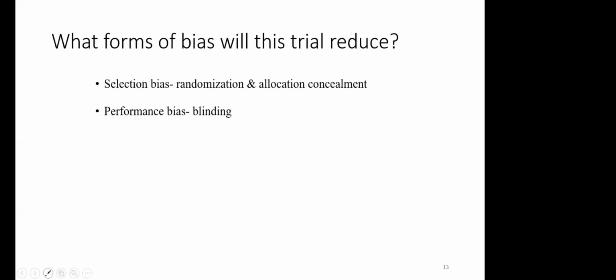Then there's also performance bias. So performance bias happens when differences in care other than intervention influence outcomes. So this can be minimized by blinding. So again, either single or double.